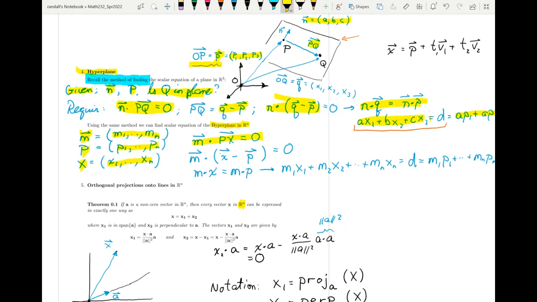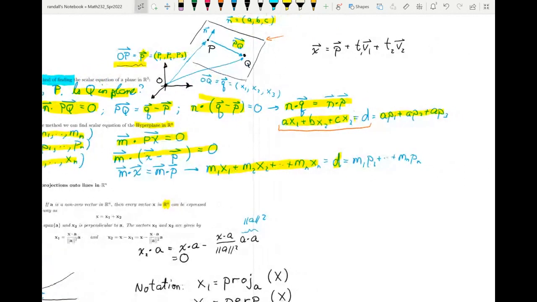So once again, writing out the vector PX in terms of little x and little p, I get this equation. And on the left, if I isolate that, I'll have n dot x is equal to n dot p. Now the n dot x part is the one that contains the coordinates of my vector x, so here it is. And on the right-hand side, I get a scalar d, which is the inner product of n and p.